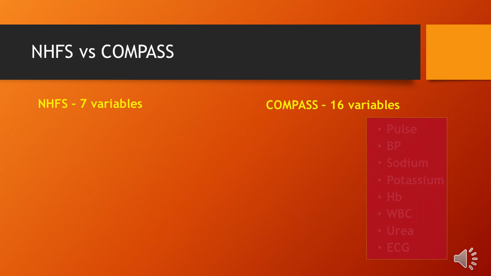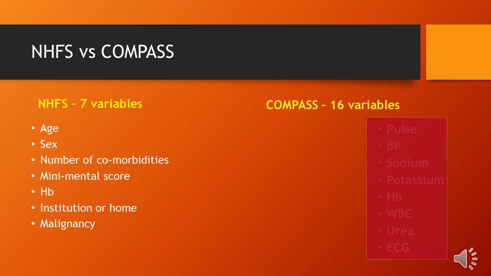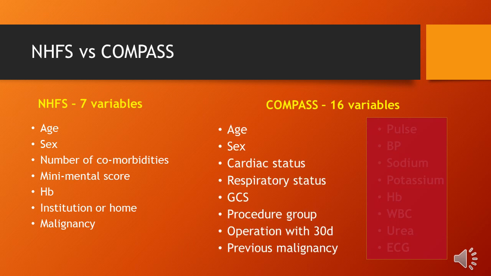What are the differences between the Nottingham Hip Fracture Score and COMPASS? What makes up the score? The Nottingham Hip Fracture Score uses 7 variables, whereas COMPASS uses 16 variables. Apart from hemoglobin, none of the variables in the Nottingham Hip Fracture Score could be modified in the short term, and therefore it is not easy to measure any optimization.